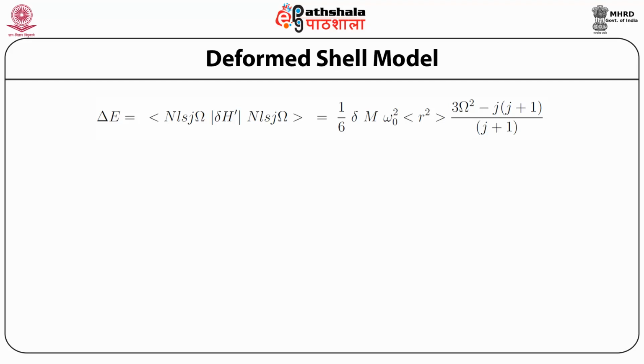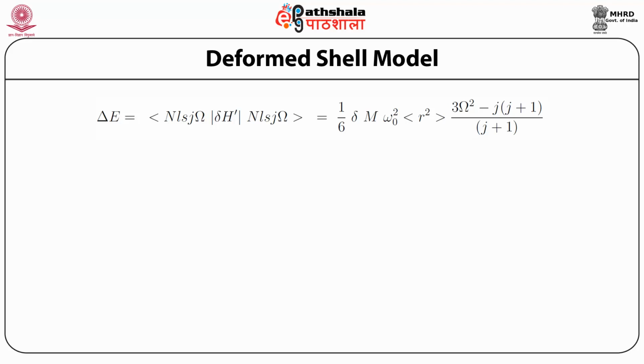So if we calculate the energy associated with the deformed part of the Hamiltonian, it turns out that delta E is a function of N, the expectation value of the deformed part of the Hamiltonian in the spherical basis or cylindrical basis. When we calculate it, we have the choice to find the expectation value of the deformed part, that is delta H dash, in either the spherical basis or the cylindrical basis, with the wave function having quantum numbers N, l, s, j, omega.